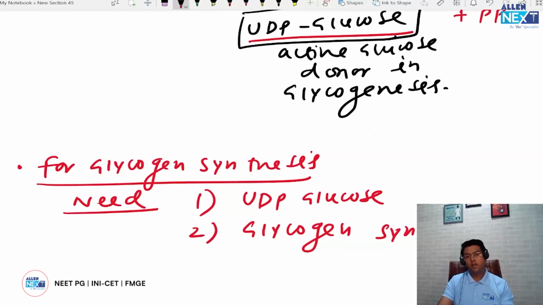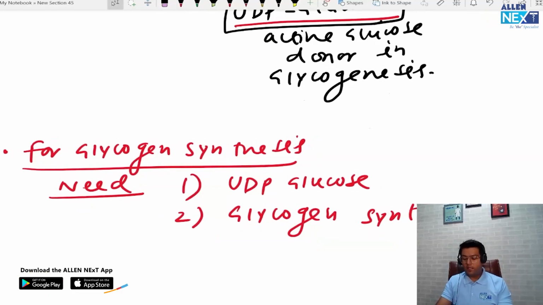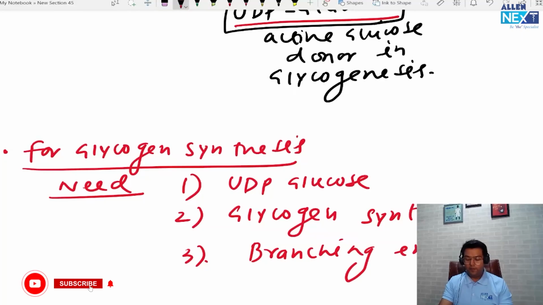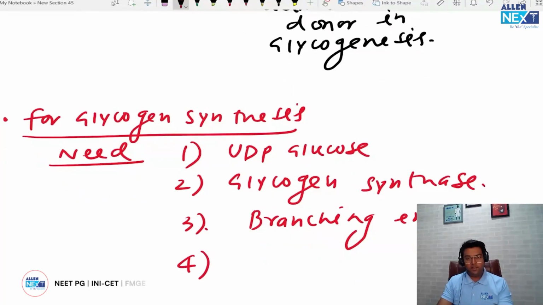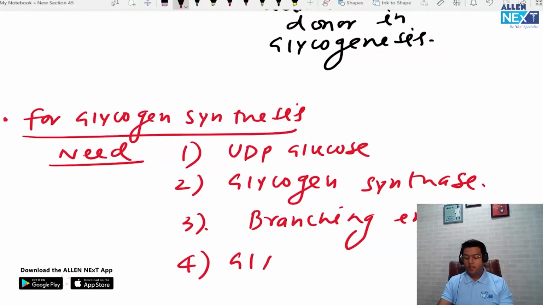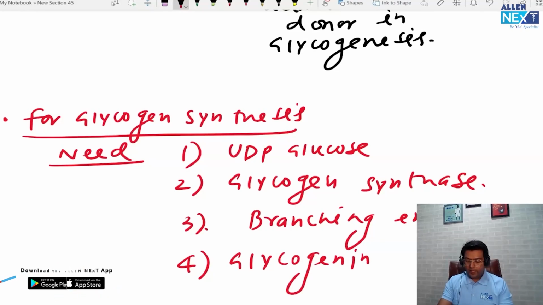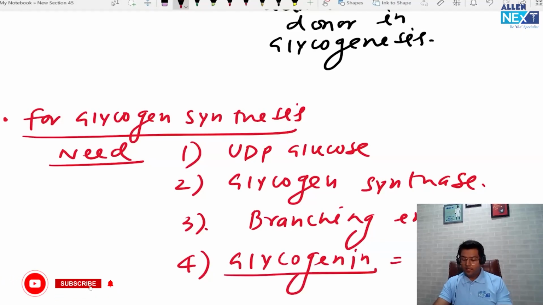So glycogen synthase I will be taking. And third, I will be taking the branching enzyme. Fine, branching enzyme I need. And fourth, actually, we can say that is also the first one, I need a primer. Okay, that is called glycogenin. Okay, glycogenin. So that's a primer.